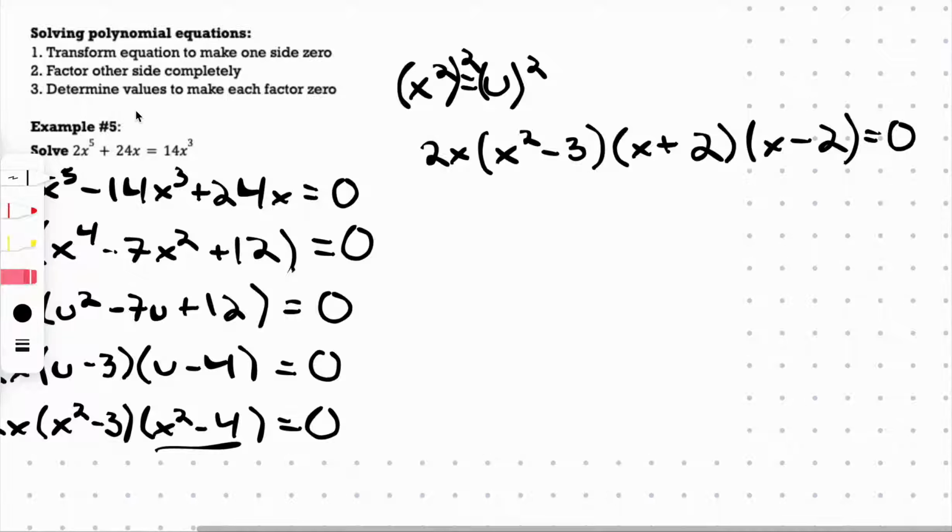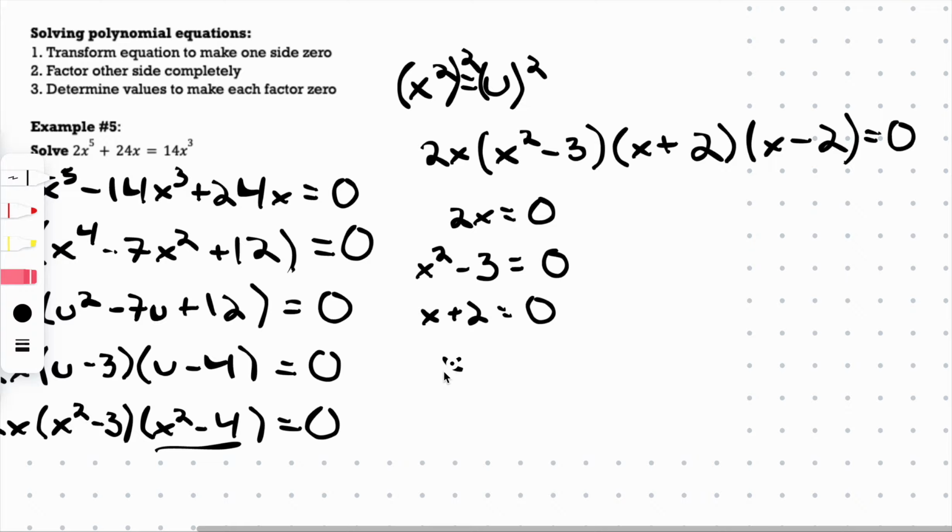So we just want to set each of these equal to 0. So, for example, 2x equals 0. x squared minus 3 equals 0. x plus 2 equals 0. And x minus 2 equals 0.